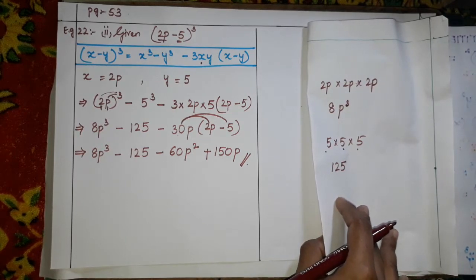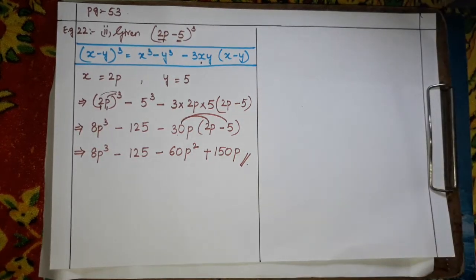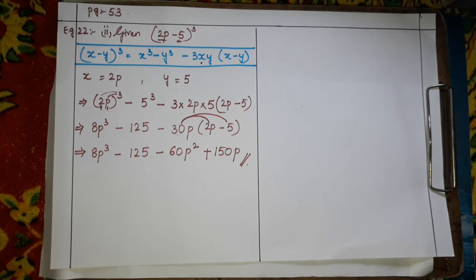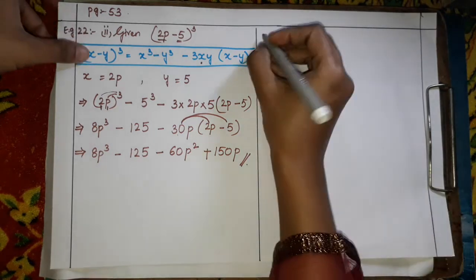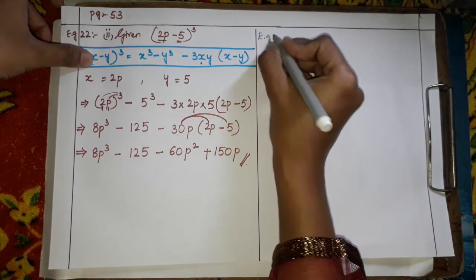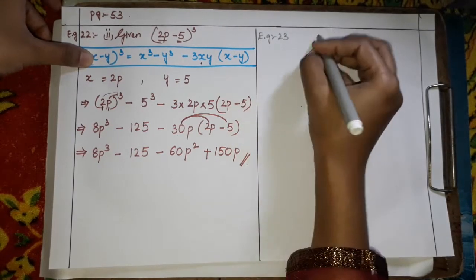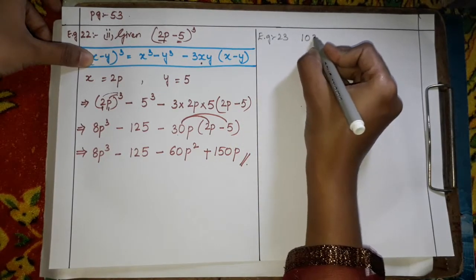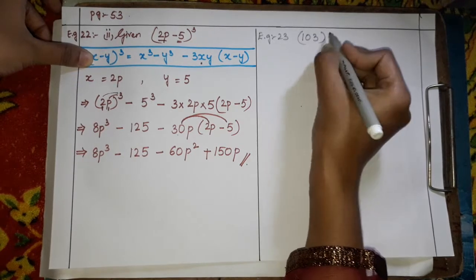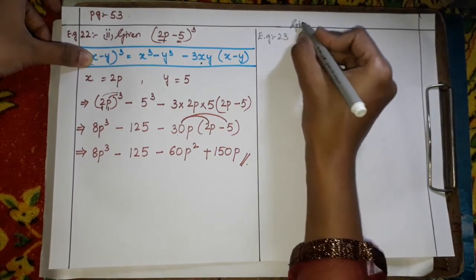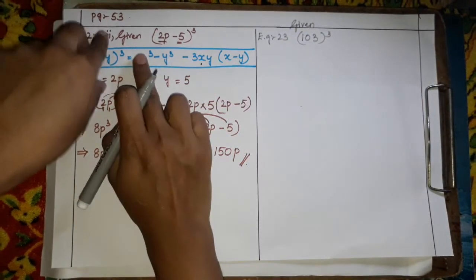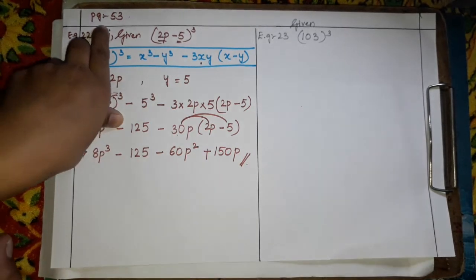Now moving to our next question, children, that is example 23. They have given 103 whole cube. It is also on the same page number, children, that is page number 53.